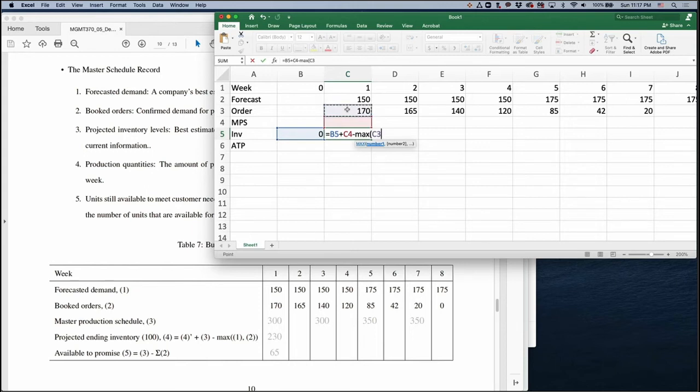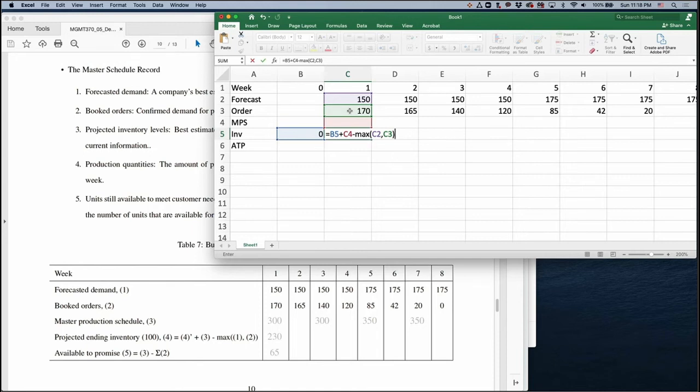the maximum of order or forecast. For the most recent periods, we might have a larger inventory than forecast. That is a possible scenario. But later on, generally our forecast will be bigger than our actual order.